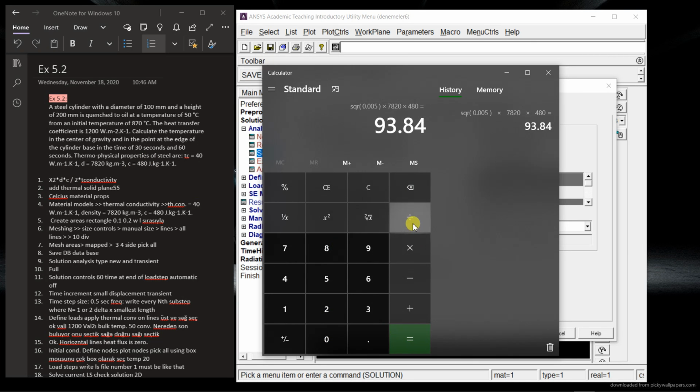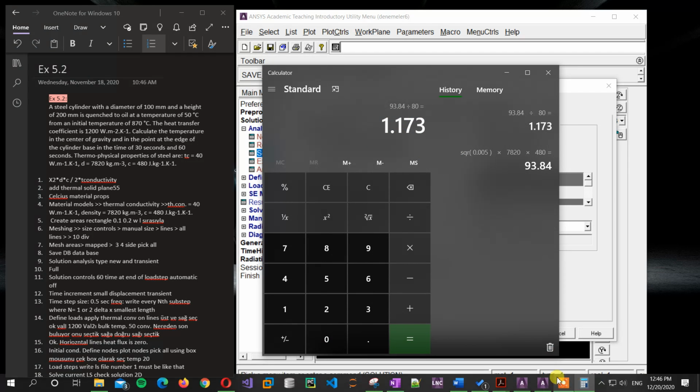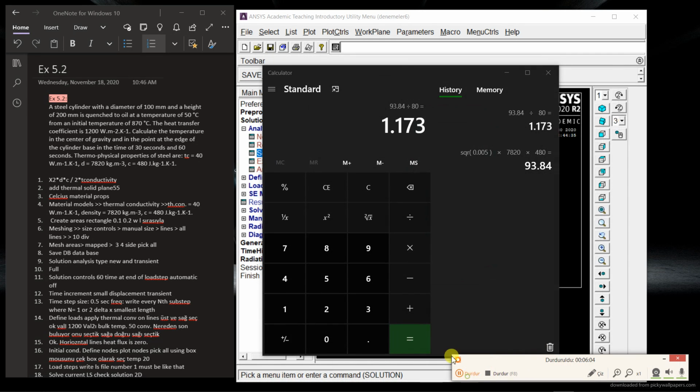So that's so, and then over 40 times 2, so this is the 80, so that's it. So this is 1.173, right? Okay, so let's keep going to decide it.